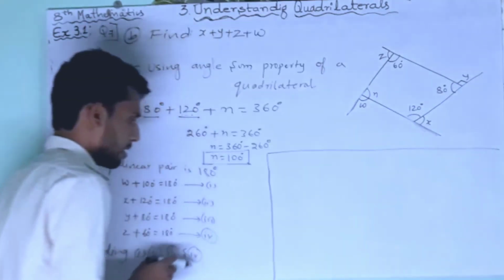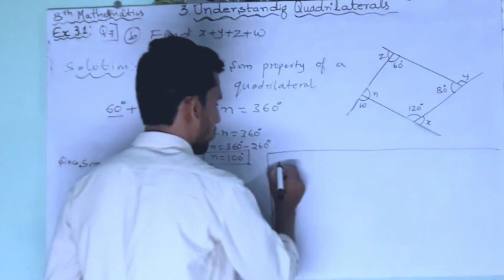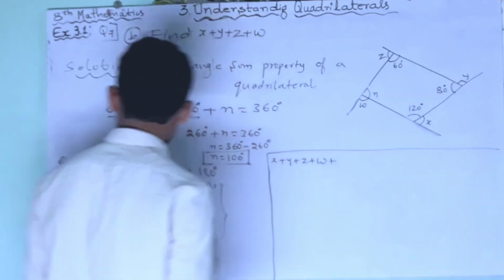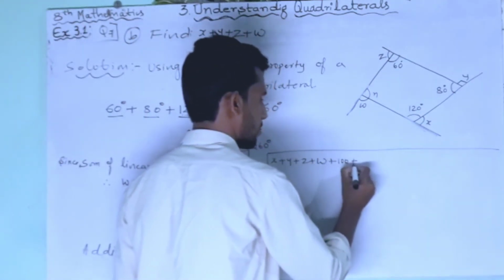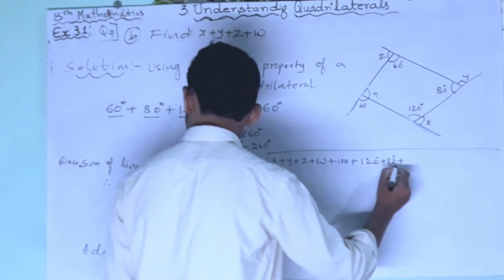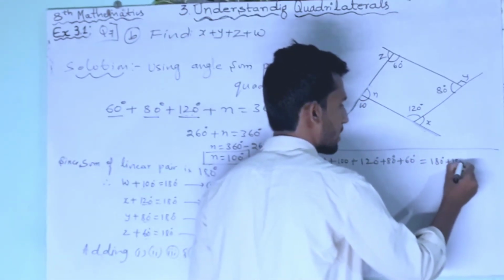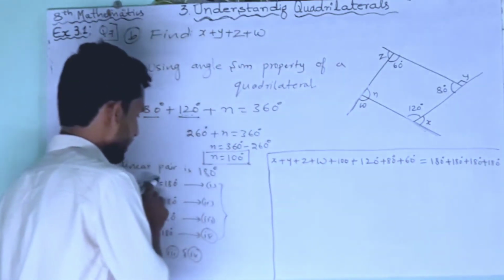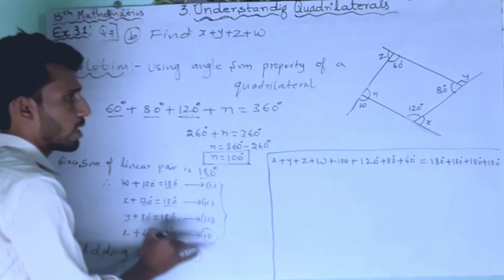I am adding equations 1, 2, 3, 4. These four I am adding here. Now x plus y plus z plus w plus 100, 120, 80, 60 equals 180 degrees plus 180 degrees plus 180 degrees plus 180 degrees. These four I am adding here.